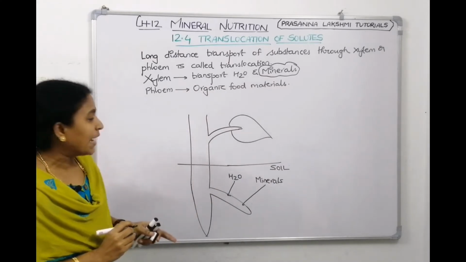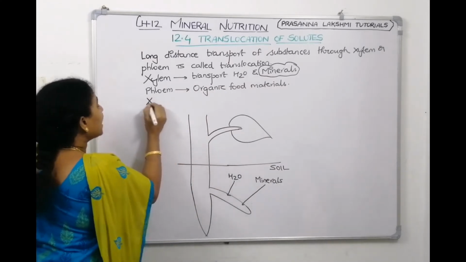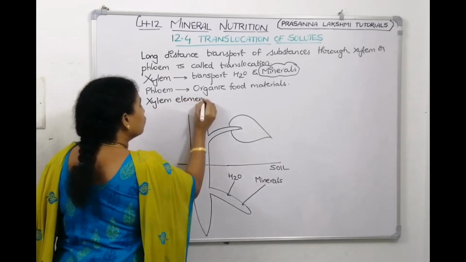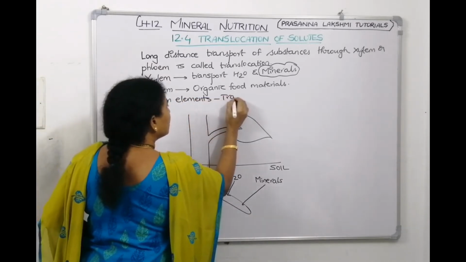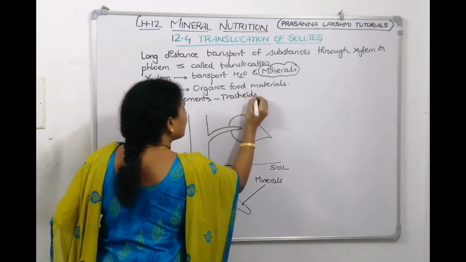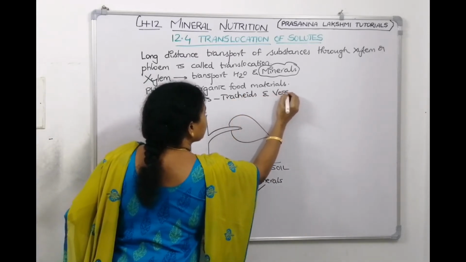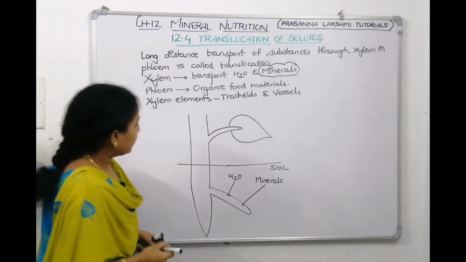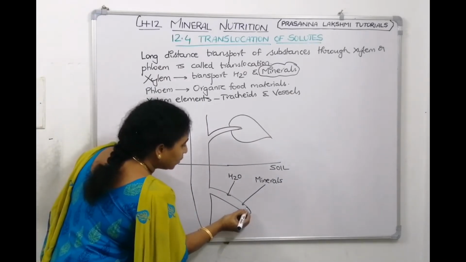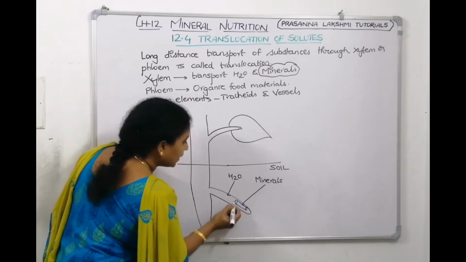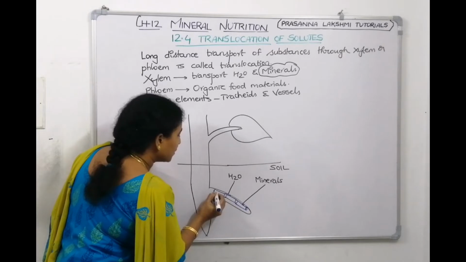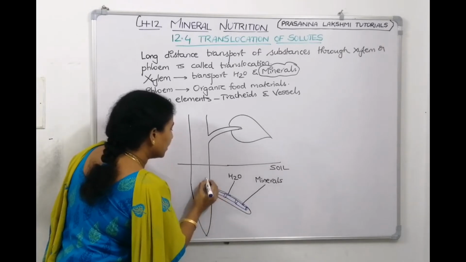Let me show you the xylem elements. Now what are xylem elements? Xylem elements include tracheids and vessels, right? If we have to show a vessel, this is one vessel connected to another vessel, connected to another vessel, connected to another vessel.